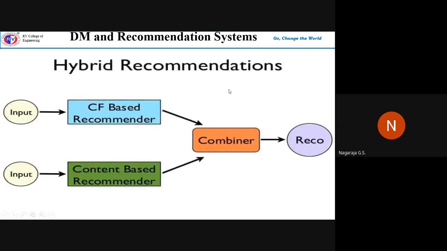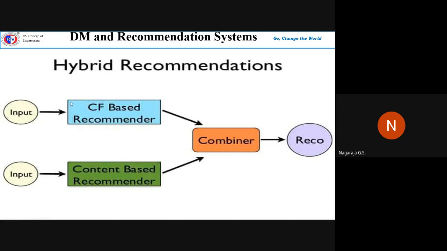Then we have hybrid recommendations, which talks about the combination of content-based filtering and collaborative-based filtering. Not only these two, you can also look at any other kind of filtering as well. If you observe from the left-hand side, you have the input, maybe a movie or any kind of text or image.